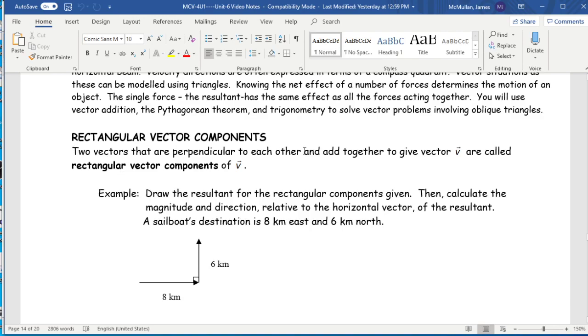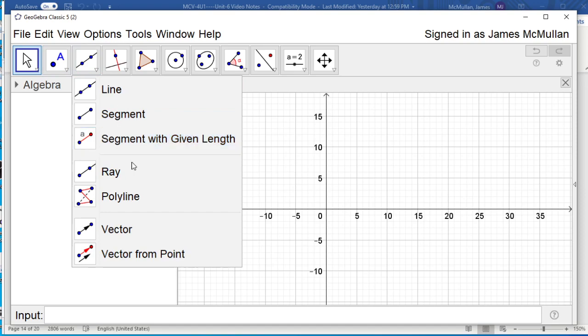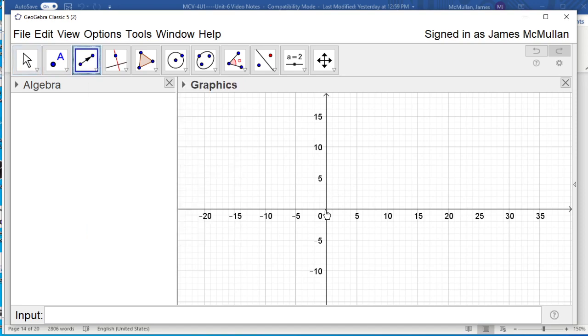It says two vectors that are perpendicular to each other and add to give the vector v are called rectangular components. This is a really, really useful idea, and it takes what we learned yesterday about addition and changes it into a different format.